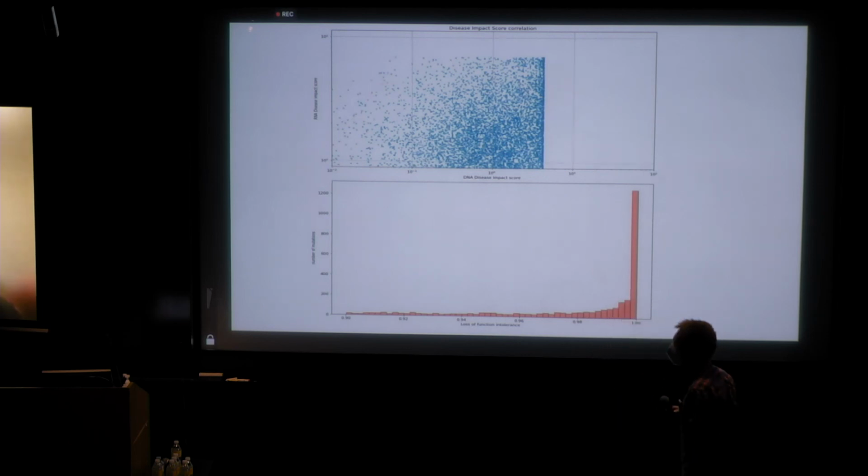That is something that I do want to investigate, because disclaimer, I don't have a good biology background. For the most part, I was really just trying to see if there were any correlations between the variants and the disease impact score. But loss of function intolerance is something that I really want to look at. So that is a good question for me.